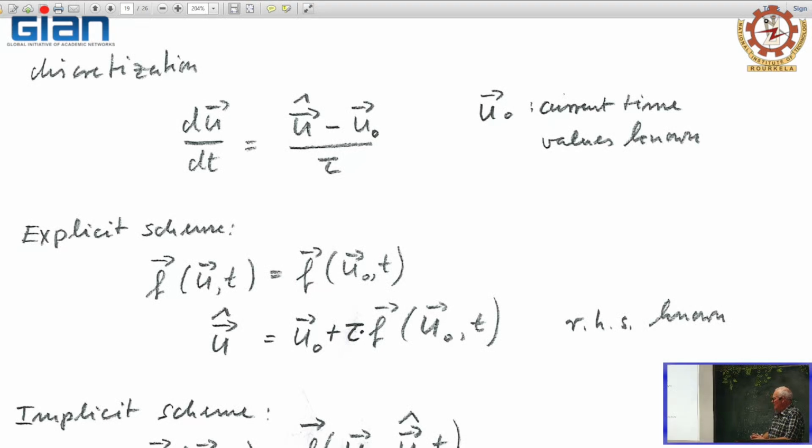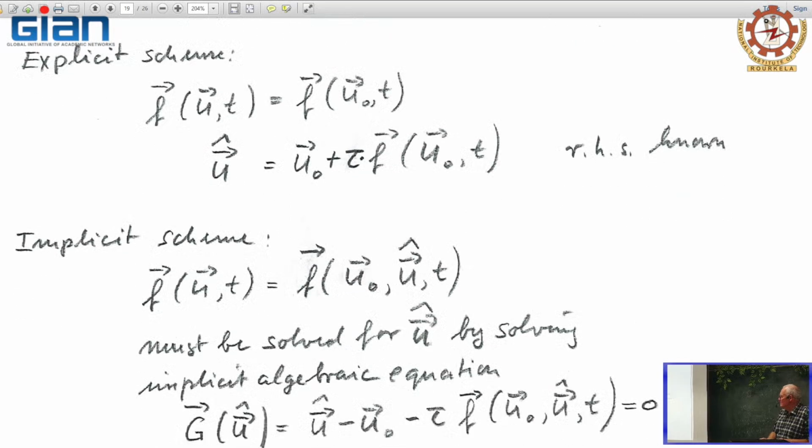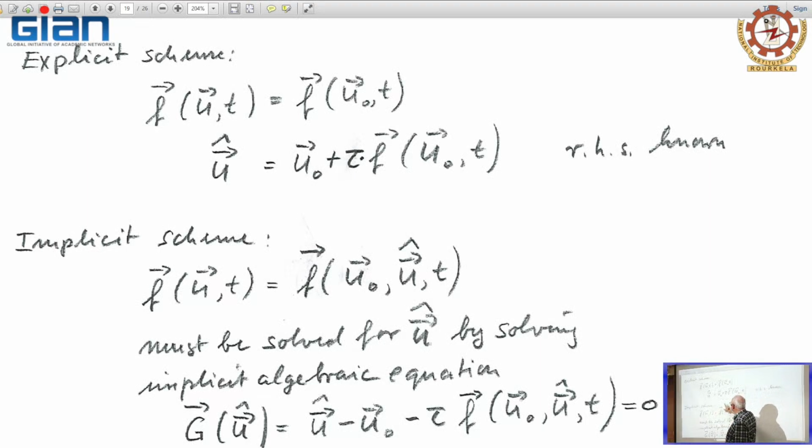Now, contrary to the explicit scheme, if we have an implicit scheme, then the function on the right-hand side does not only depend on the values of the vector at the old time step, but also on the new time step. If you have such an equation, then you have to solve an implicit algebraic equation for the values of the vector u at the new time step.